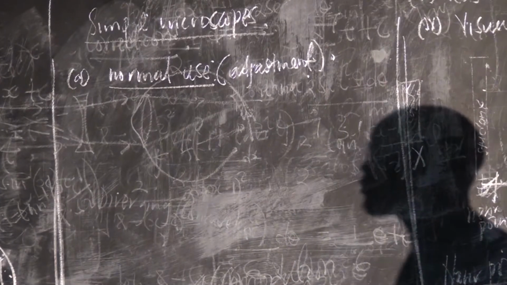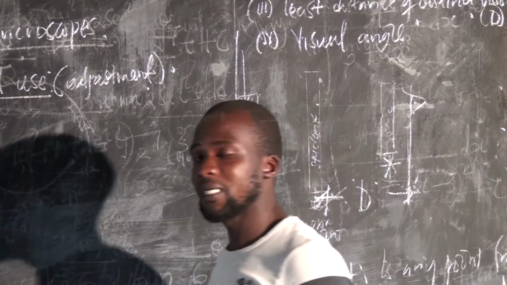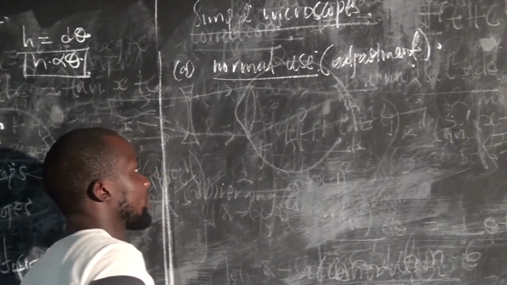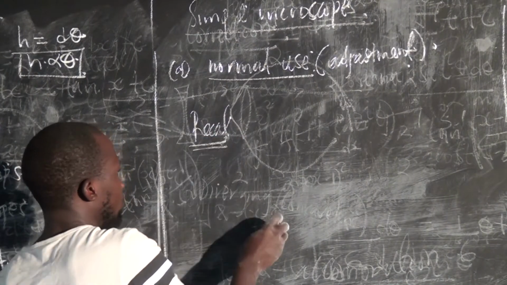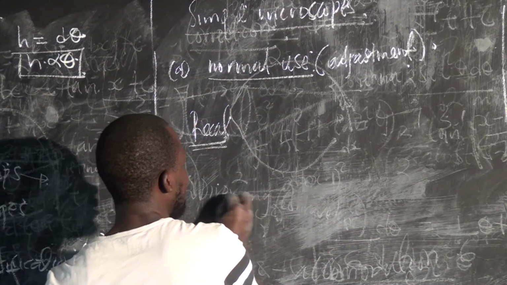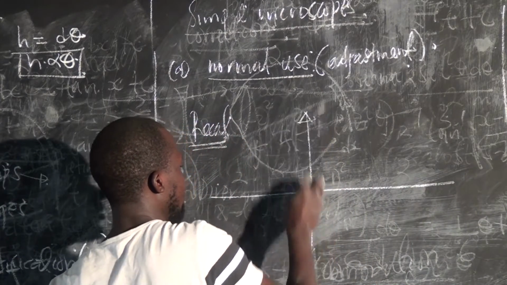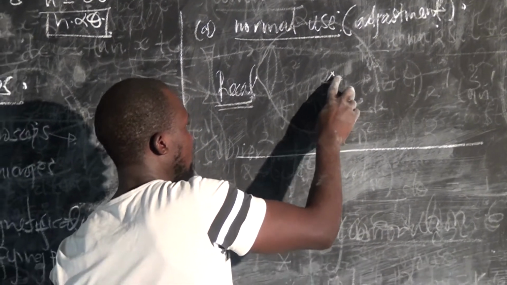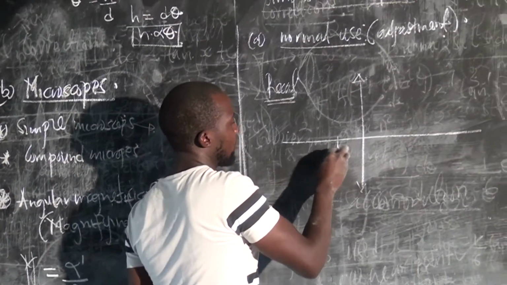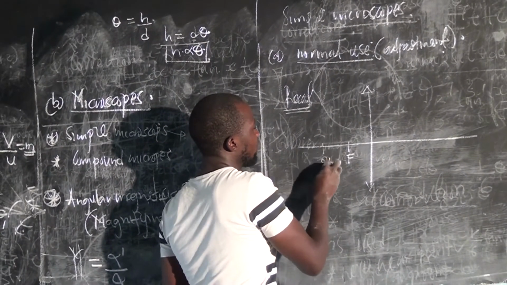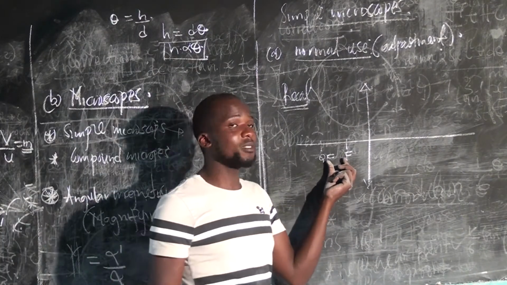When it is in normal use, we expect the final image to be formed at a near point. I want us to recall, if this is the converging lens, I want to look at this one being F. If it is a mirror, this is a C, but if it is a lens, it becomes a 2F.